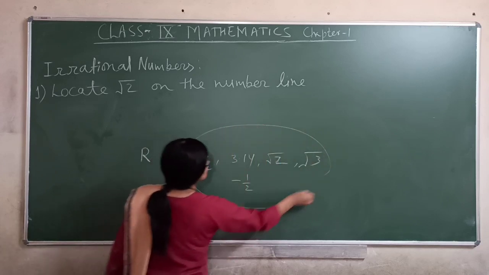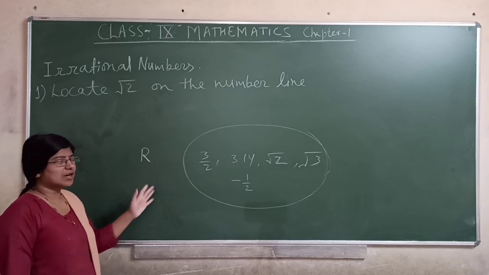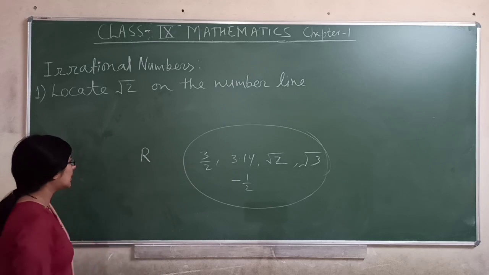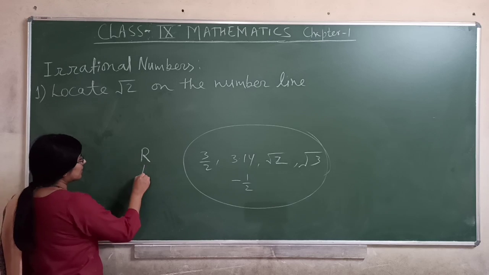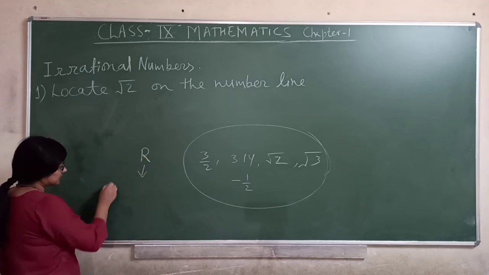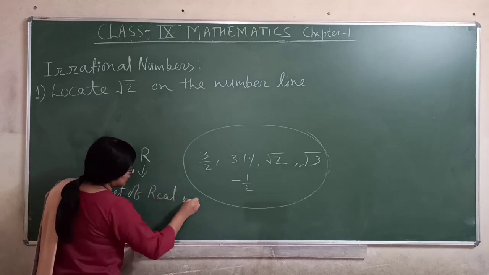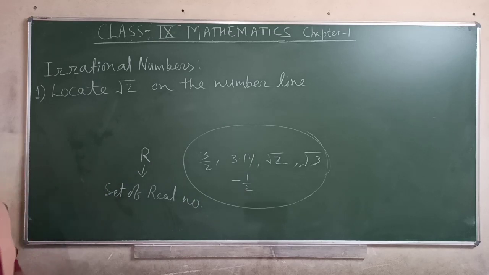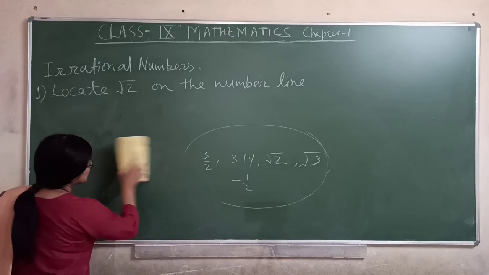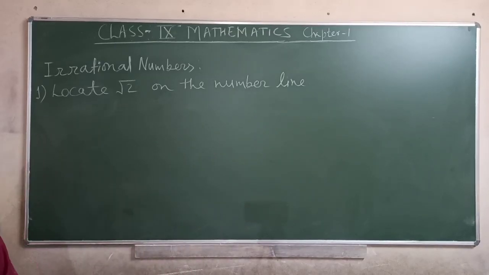We represent this set by capital R. So now look how we will draw root 2 on the number line.